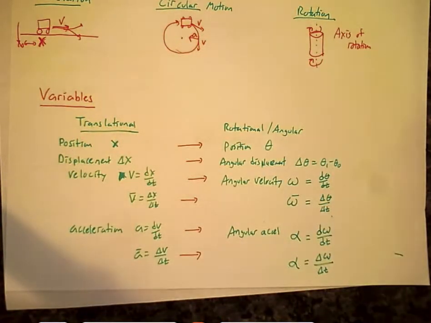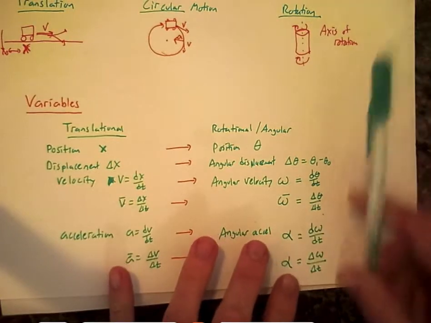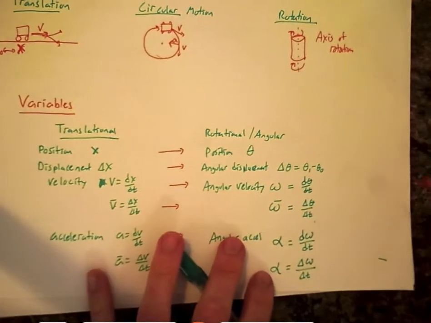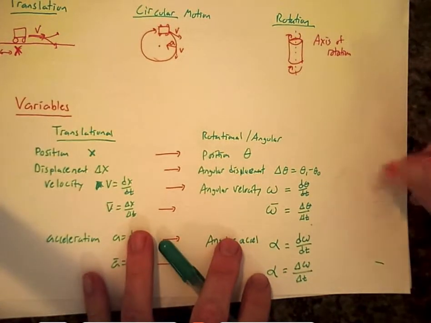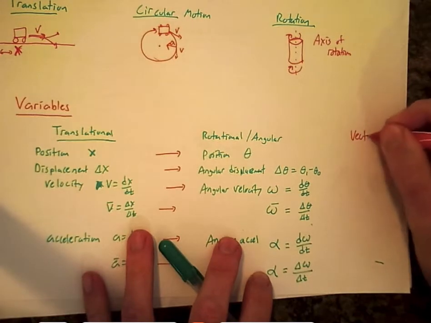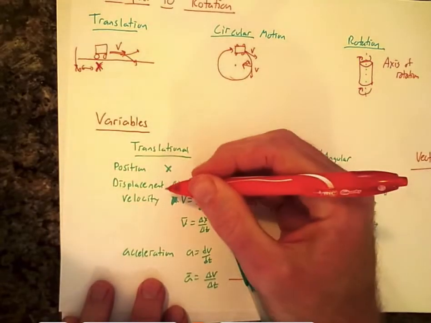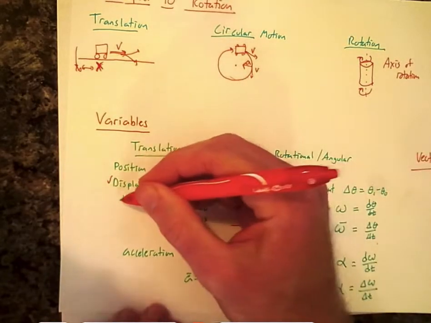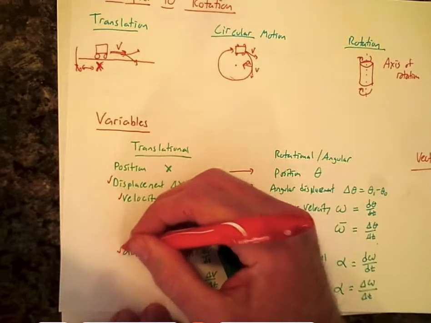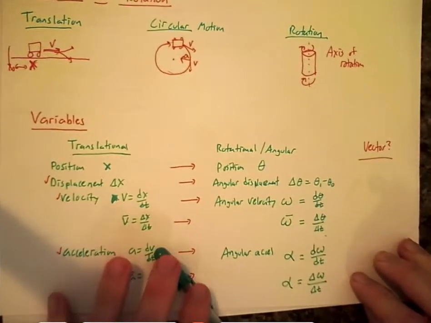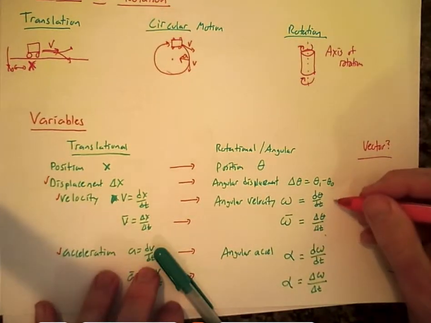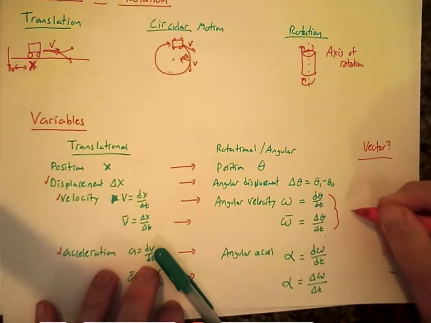I also want to talk to you about whether these things are vectors or not. So let's come over here and let's say, are these things vectors? Now, of course, over here, we have displacement, that's a vector, velocity is a vector, and acceleration is a vector too. On this side over here, I'm just going to group this together for angular velocity.